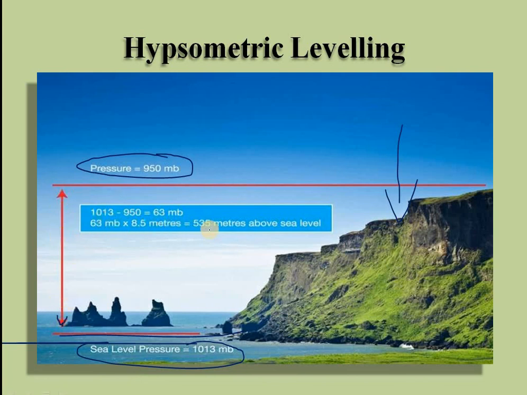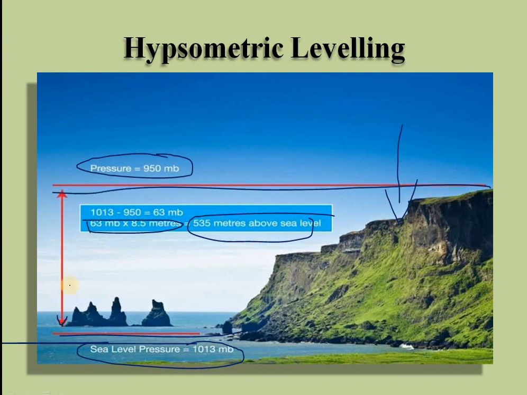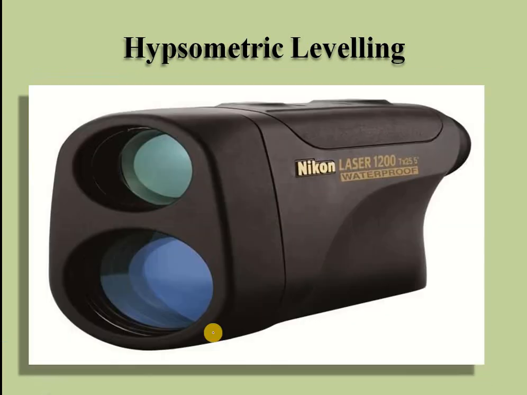So we get here 535 meters above sea level. This 8.5 meters we measure as the height of the level from the datum point, that is the benchmark, to the point. This is known as hypsometric leveling.